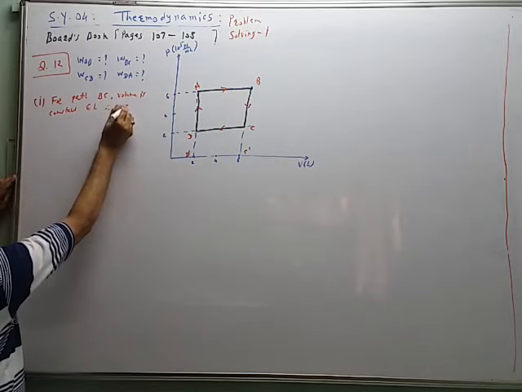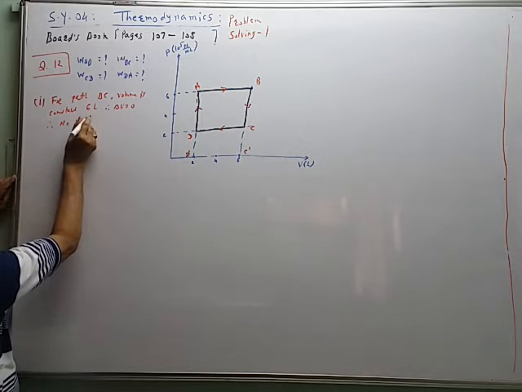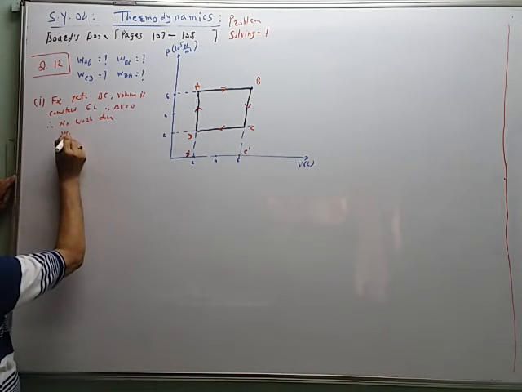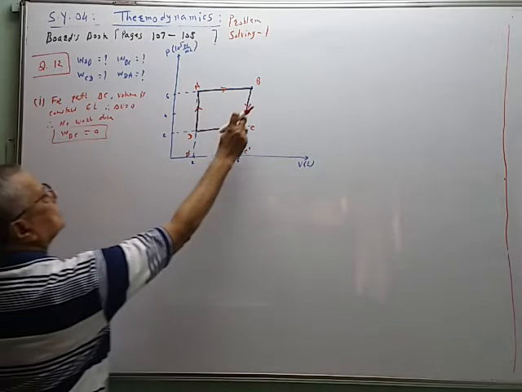Therefore dV is equal to 0. Therefore no work done. So WBC is equal to 0.